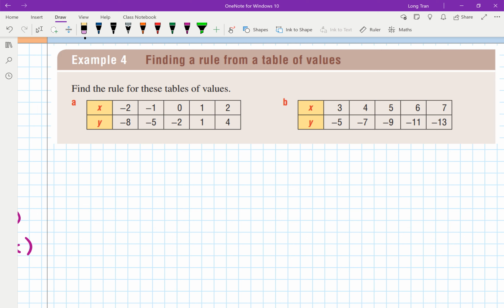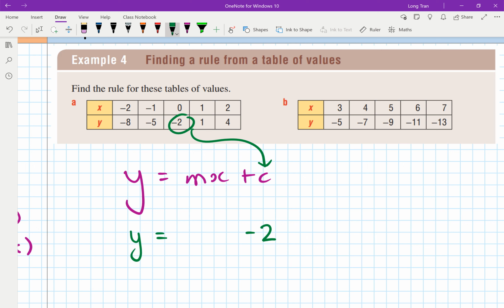So what this tells me is, when you have mx plus c, the c value in the equation has to be minus 2, straight away. Because that's the pattern. The pattern is that when x is 0, whatever that y value is, that is my c. And we call that the y-axis intercept.